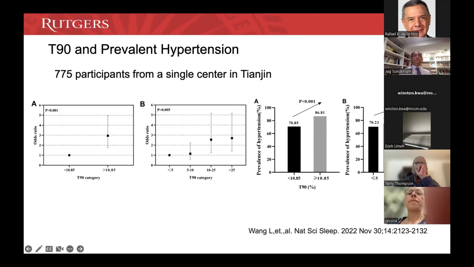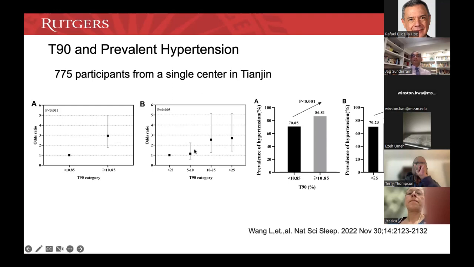This is a single-center study just published last year, looking at about 775 participants, showing that if you had a greater than 11% period of time below 90%, T90, you had a 3-fold increase in odds for prevalent hypertension.